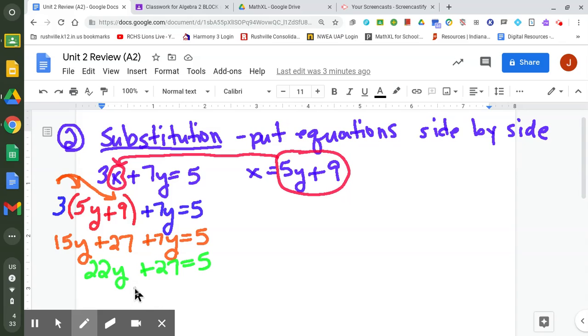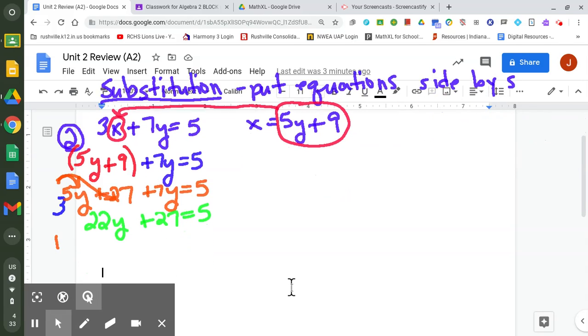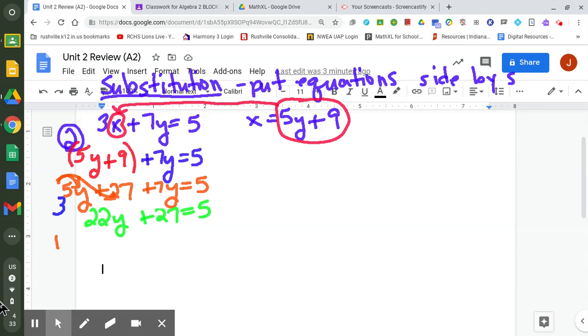And then I need to continue this equation to solve it for y. So I have to scroll up here a little bit. So my next line, I would subtract 27 on both sides of the equal sign.